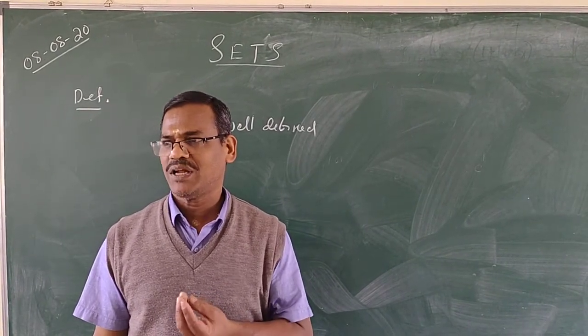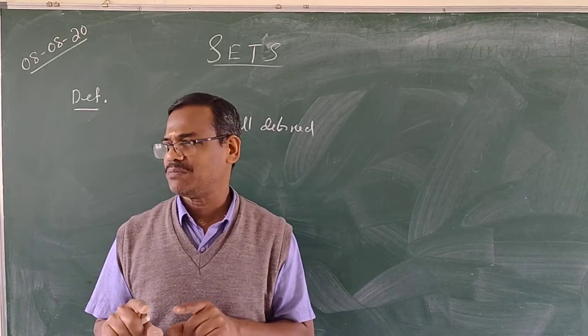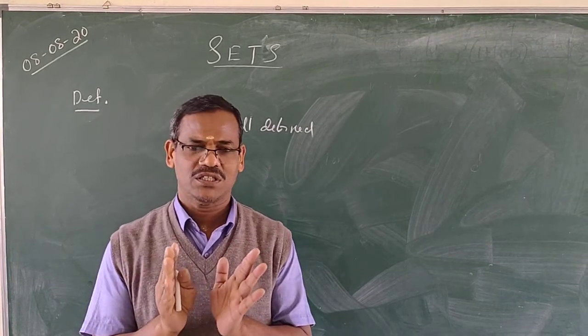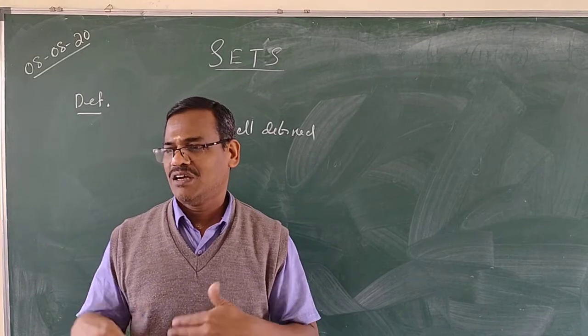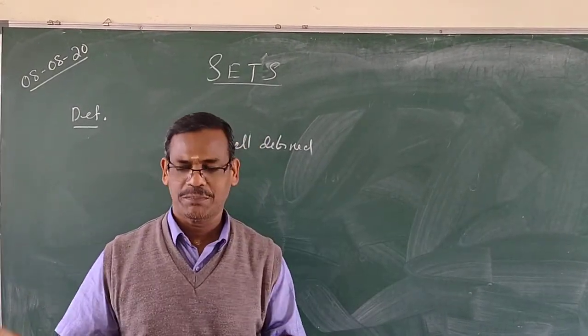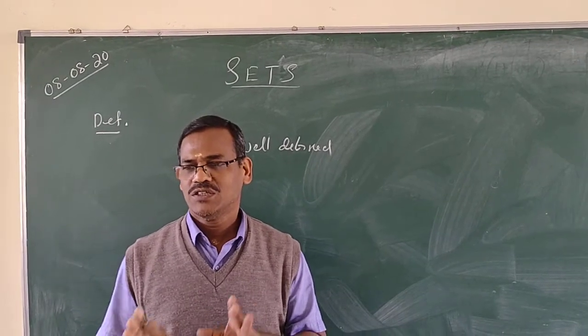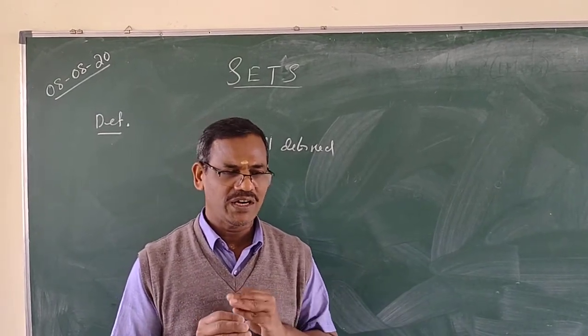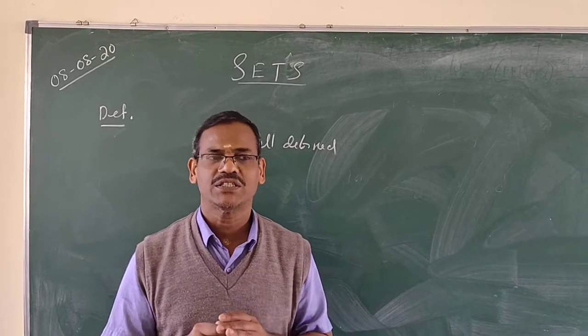When we say renowned mathematician, that term is not defined. For me, renowned mathematician may be so and so, X and Y. For other people it may be something different. So that renowned is not well defined, so we cannot call it a set.